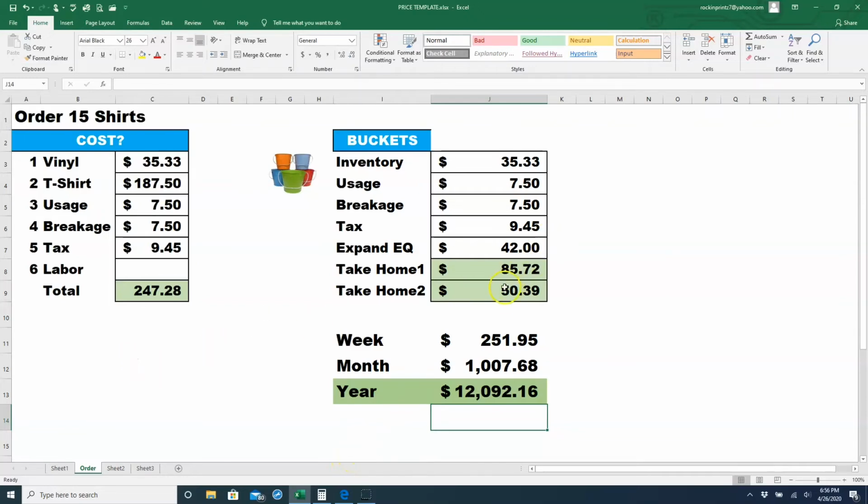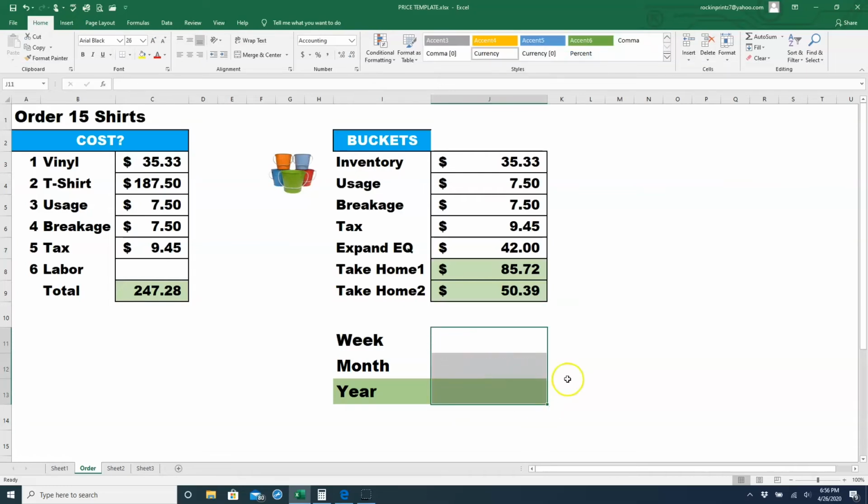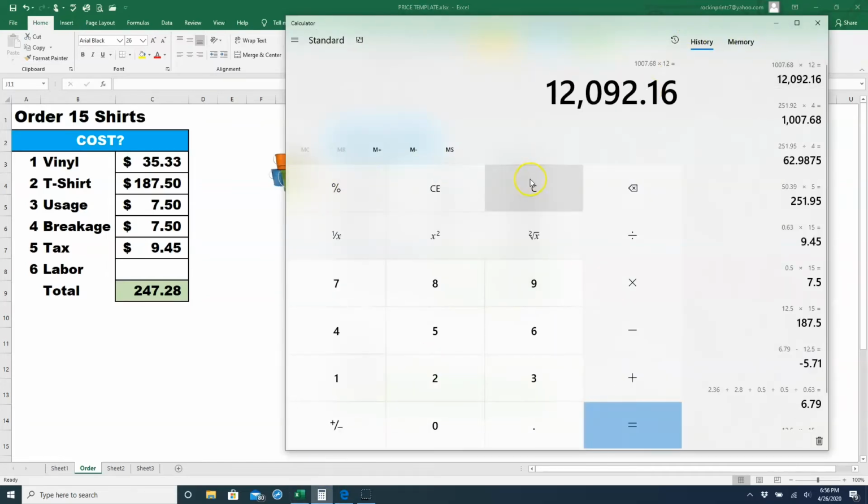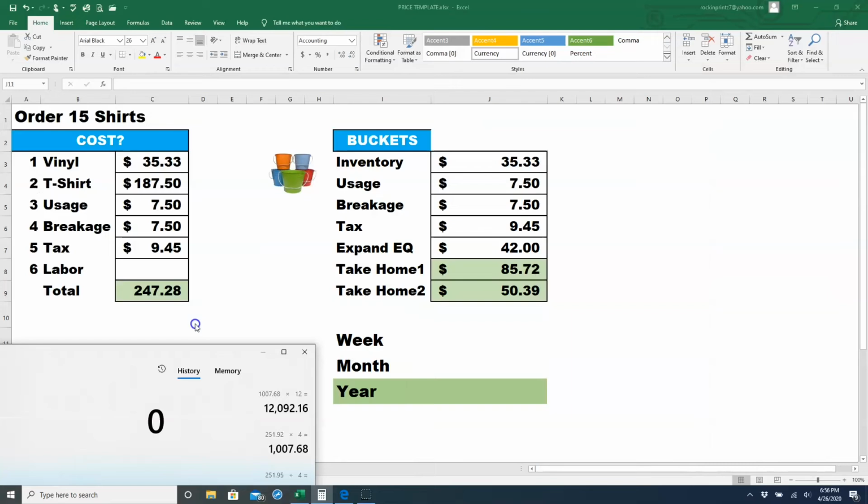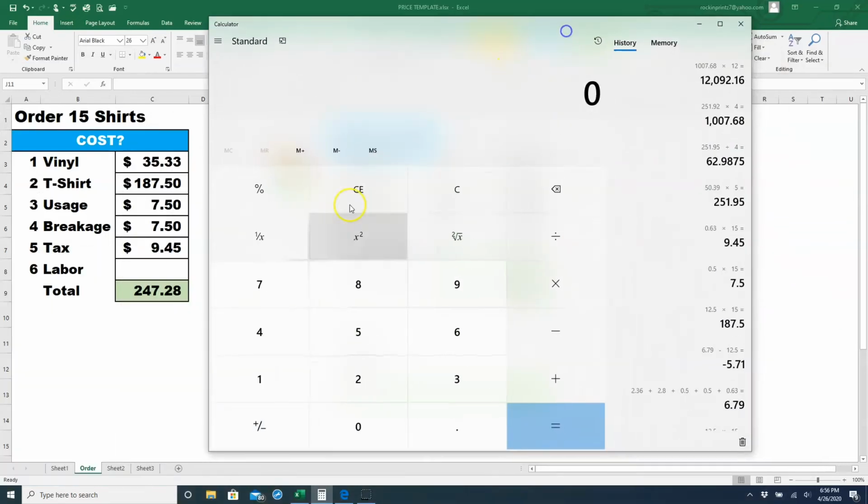Okay, now let's take our equipment usage and let's do that. So let's do equipment usage. What was it, $42. So 42 times 5 is 210.